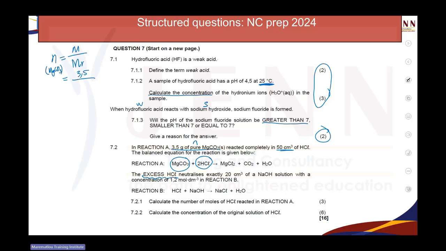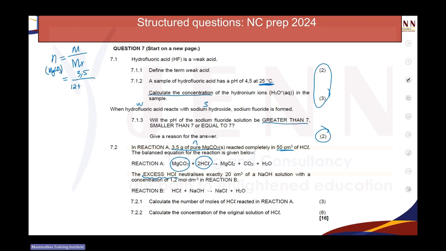Let me see if I have a periodic table with me quickly here. Can you help me out with the molar mass of Mg? I don't have a periodic table with me here, and it's going to take me time if I want to open it.